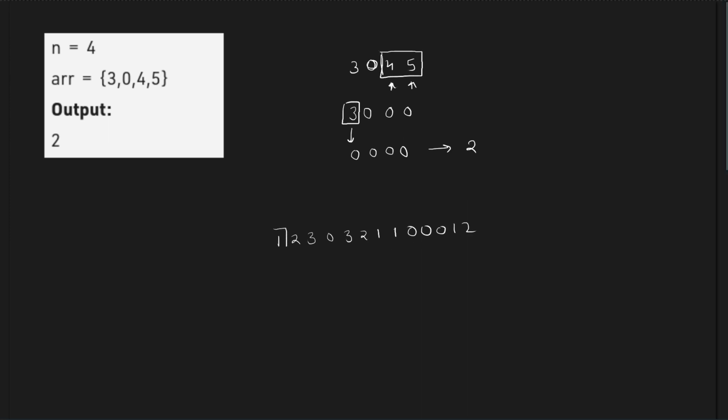We start from the left and make note that we have taken one element. Now I move forward and I have taken two elements. Then I move forward and I have taken three elements. Now when I encounter a 0, if the number of elements that I have taken is greater than 0, that means I found a valid subarray of size greater than 0, so I'll increment my answer.